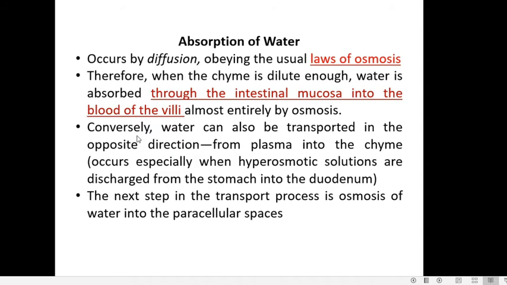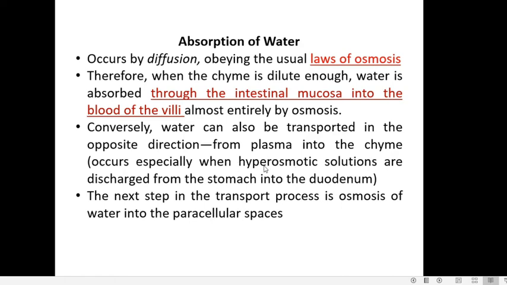Whereas in converse, water can also be transported in the opposite direction, that is from the intestinal epithelium back into the lumen or back into the place where the chyme is present. When does this occur? When the chyme is hyperosmotic, when the chyme is having lower amounts of water.